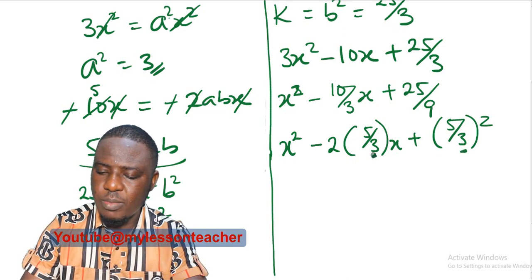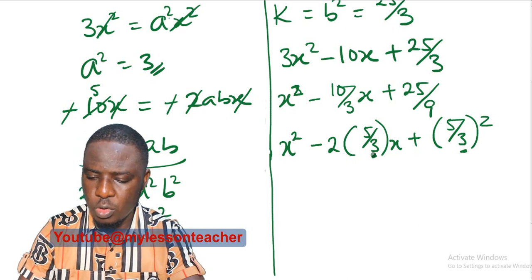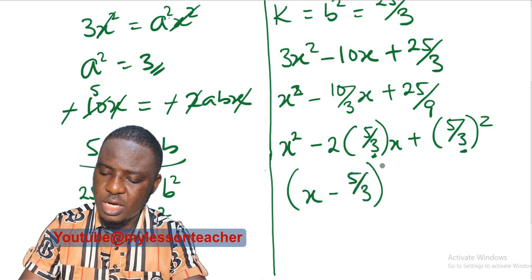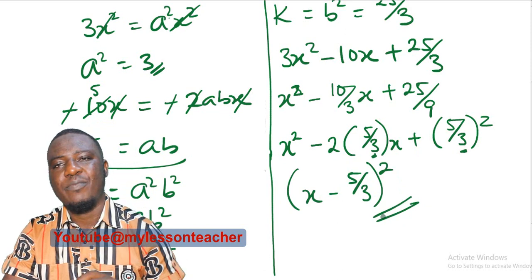Once the two terms in the bracket is wrong, it means your answer will definitely be wrong. So this becomes x minus 5 over 3 all squared. So that is your answer.